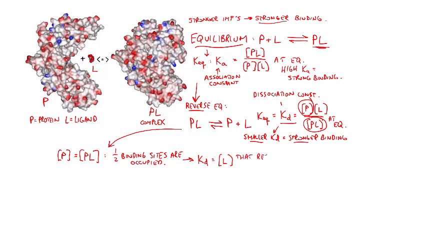So Kd is equal to the concentration of free ligand that results in half of protein molecules being bound to ligand.